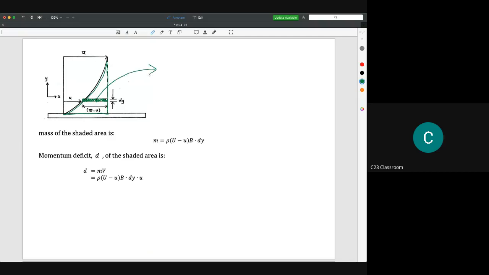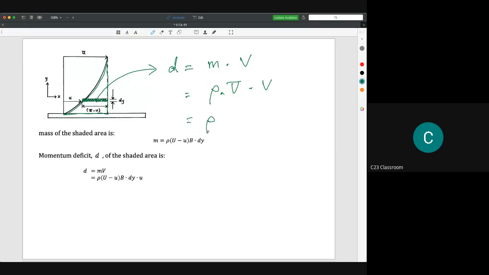Let's say the momentum for this small area is shown as dD. The equation of this momentum is mass times velocity, and mass is rho times volume, times velocity.